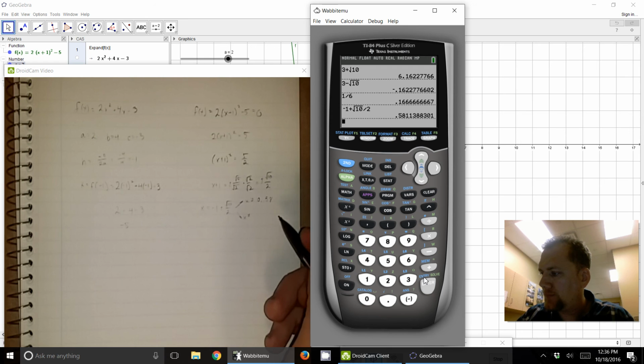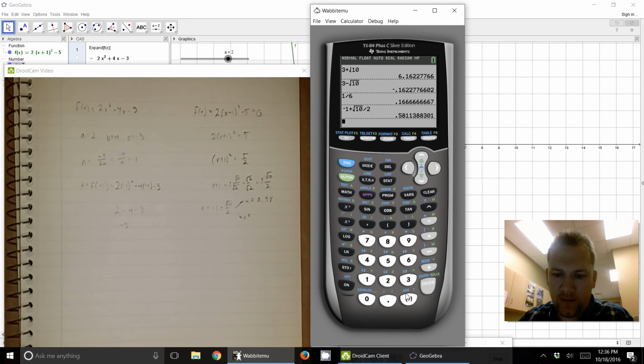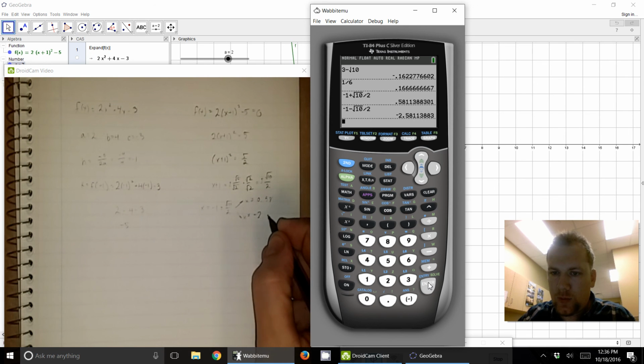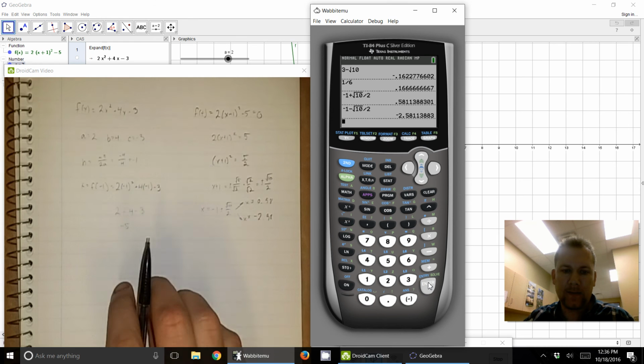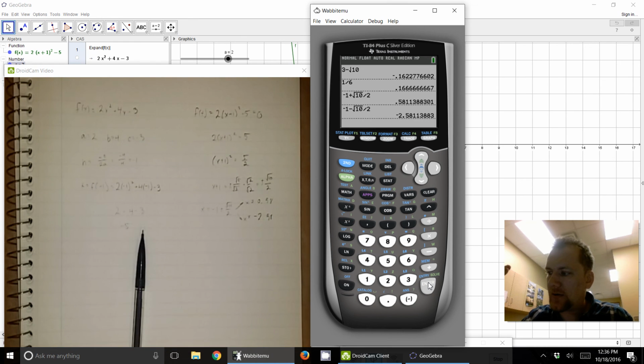I'm not even going to try to do the symmetry. I'm just going to do negative 1 minus root 10 over 2. Negative 2.58. Okay.